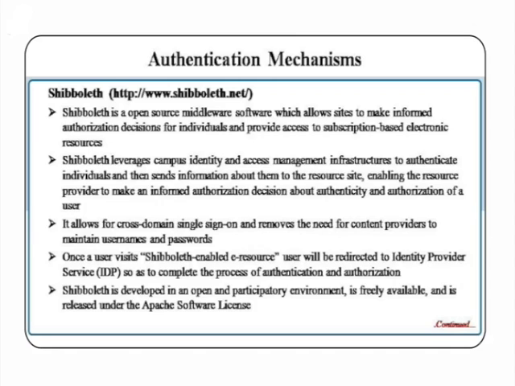Shibboleth leverages campus identity and access management infrastructure to authenticate individuals and then send information about them to the resource site, enabling the resource provider to make an informed authorization decision about authenticity and authorization of the users. It allows cross-domain single sign-on and removes the need for content providers to maintain usernames and passwords.